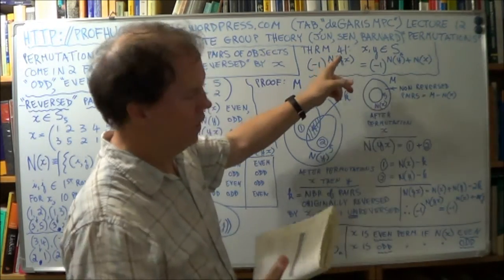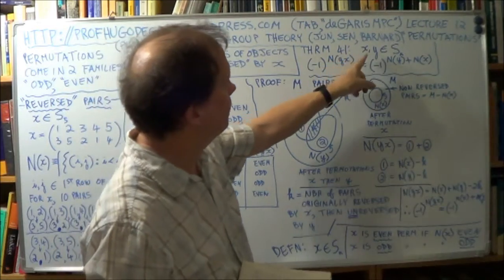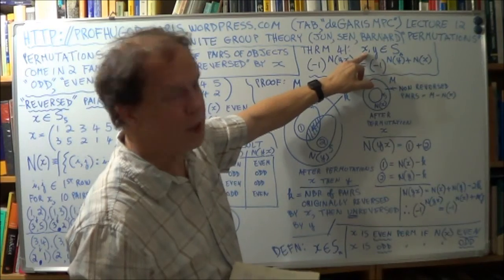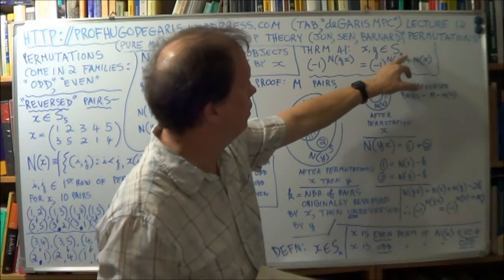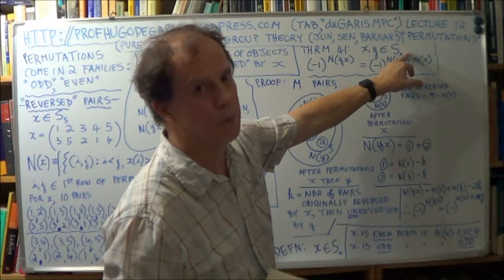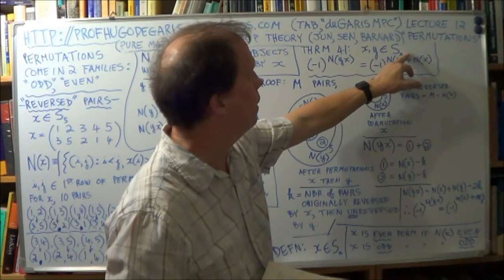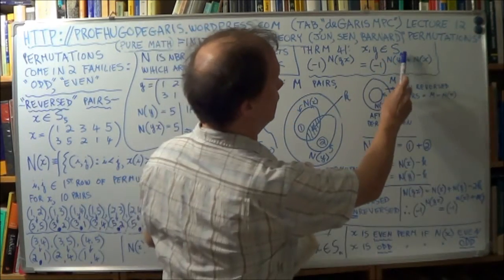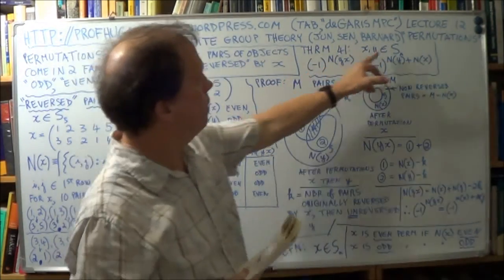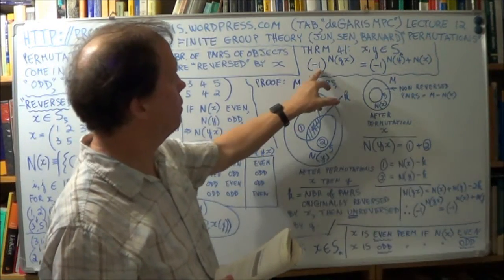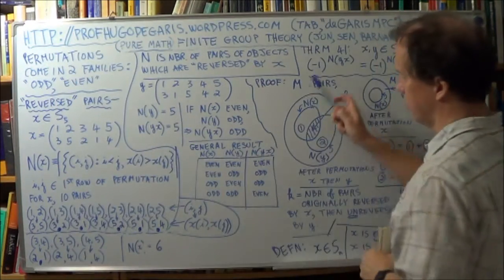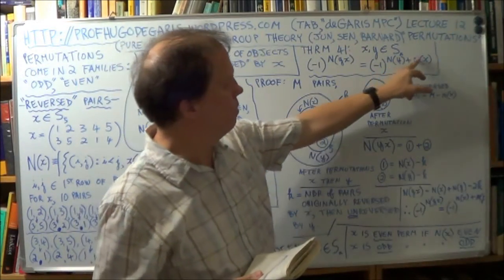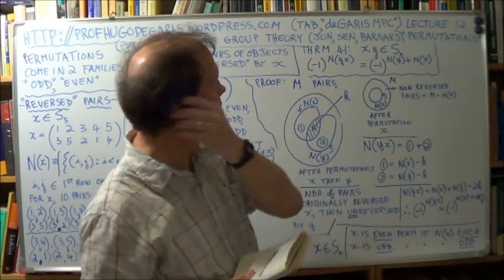In the text, theorem 41 says you take any two permutations of your symmetric group over little n objects, then this is true: minus 1 raised to this power is equal to minus 1 raised to this sum, okay?